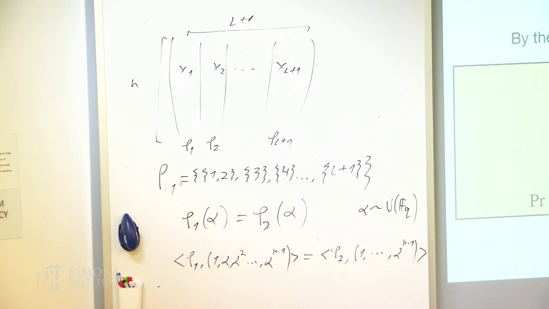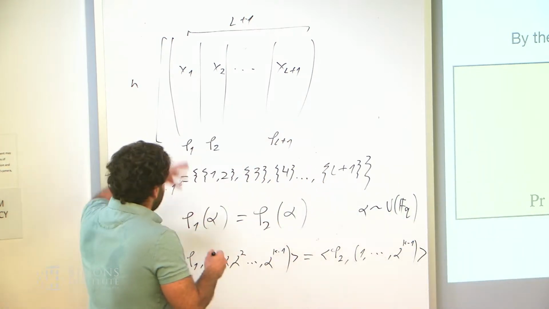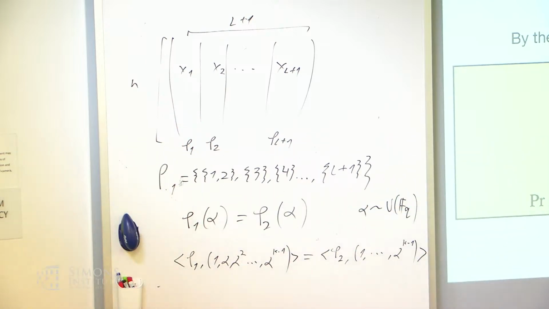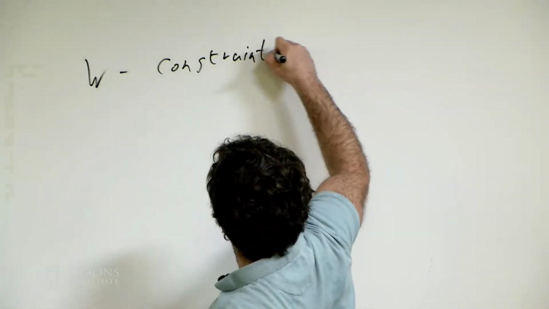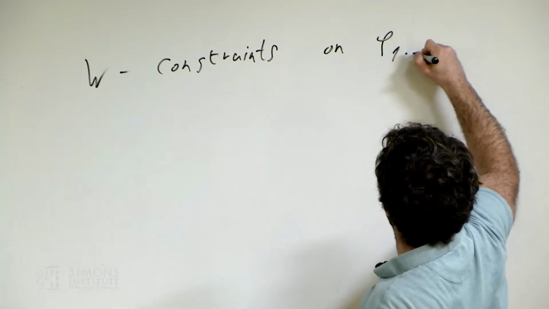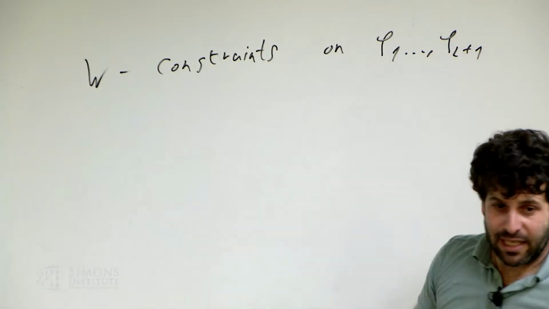Let's start by assuming that I have my set of constraints. So suppose I already have an existing set of constraints. Let's call it W, my existing constraints on phi1 to phi plus 1.